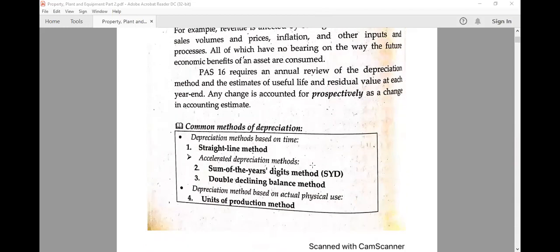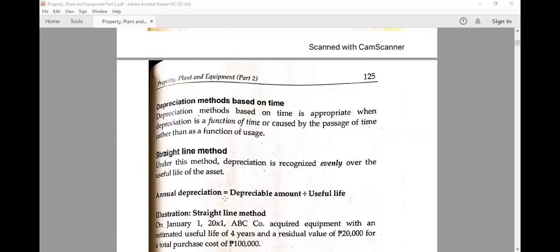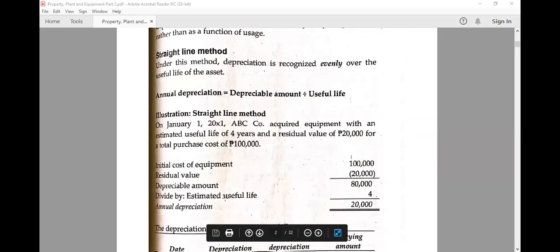So here are our common methods as discussed. We have constant charge, we have declining or decreasing balances, and we also have our variable charge method for units of production method. So let's see our examples.